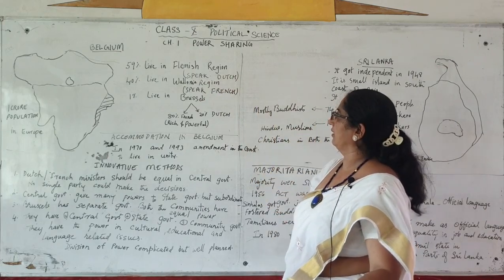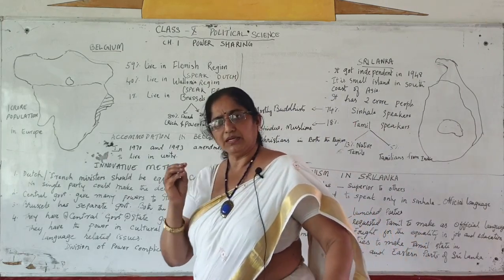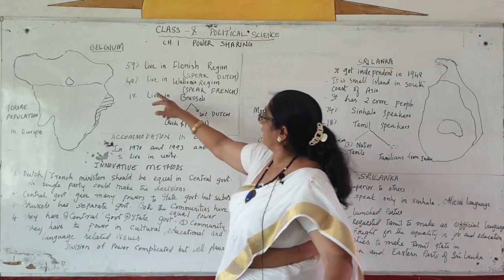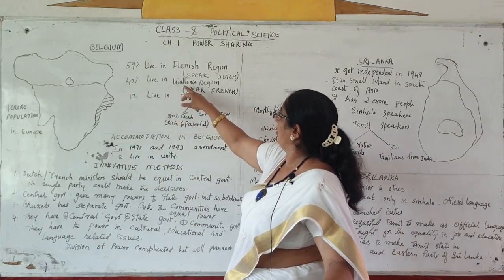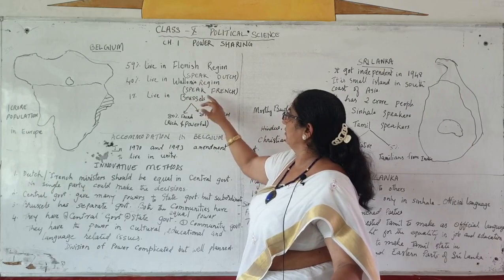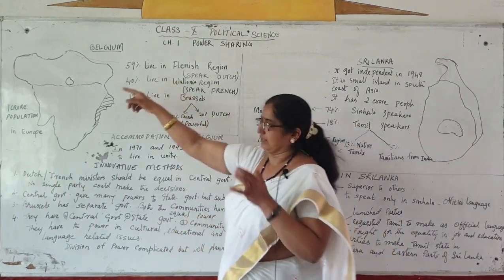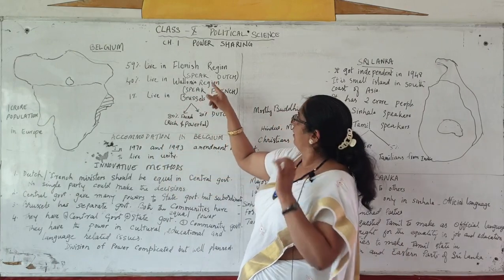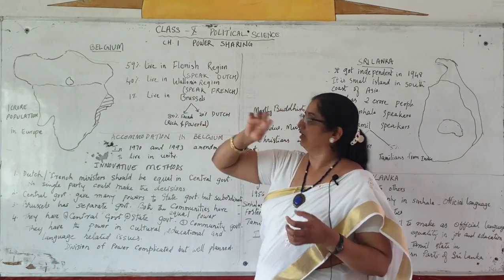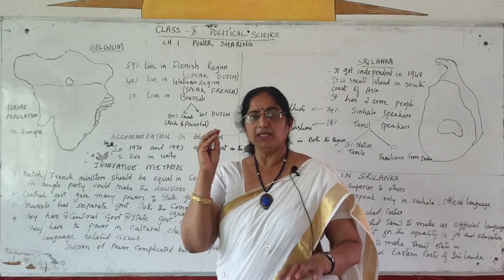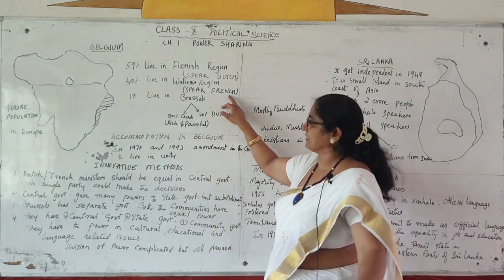Dutch लोग, and they speak Dutch. And then 40% live in Wallonia region, where they speak French language. देश तो एक ही है, but you have two regions which are dominated by Dutch people as well as French people.